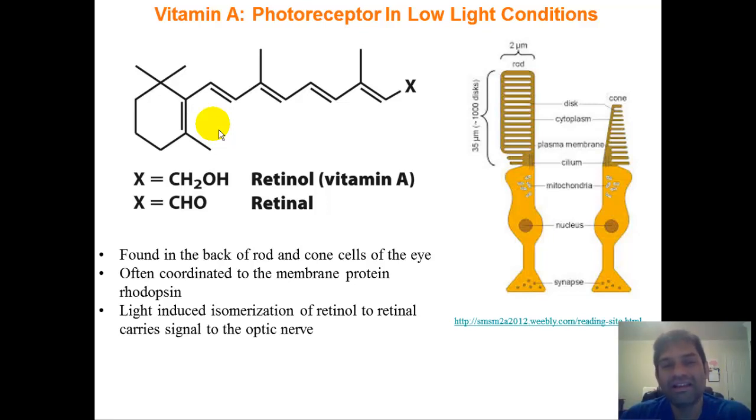They are soluble in organic solvents, and they have very, very different functions. Obviously, vitamin A is important in visual transduction, whereas cholesterol would be important in membrane fluidity. But these are all lipids.